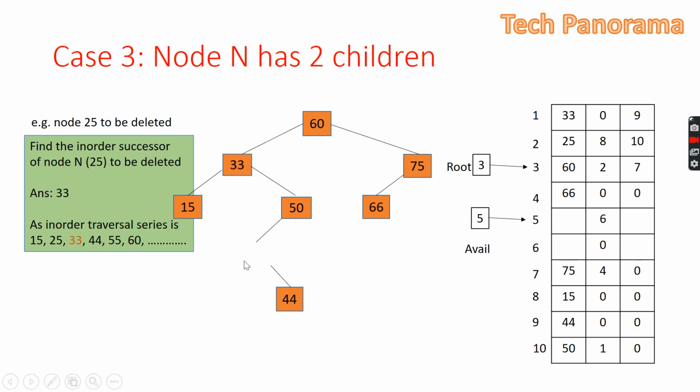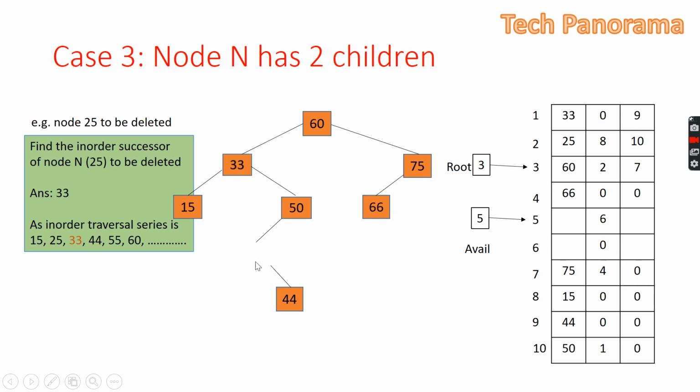So when we move 33 from this tree, what will be placed in place of 33? We will follow the same procedure as we have done in case 1 or case 2. Like here, if we delete the 33 from here and place it here, then in place of 33, what will be the next node?